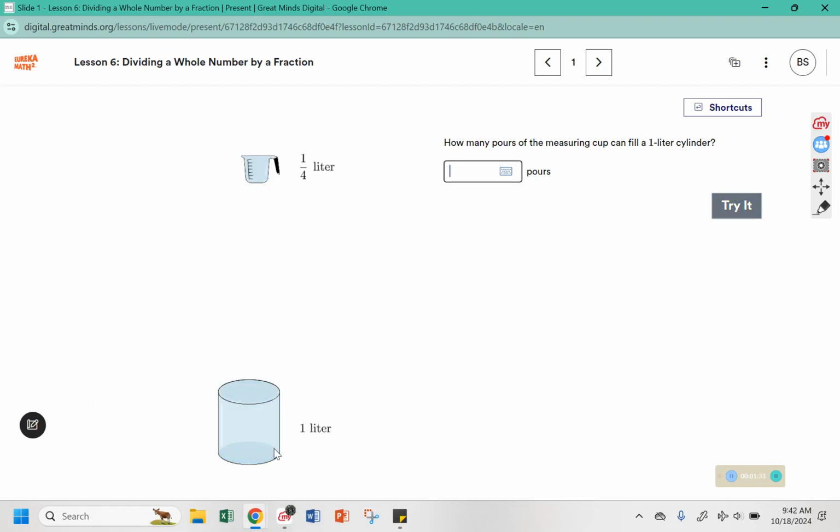To get 1 whole liter using fourths, we would need 4. And you can see, yes, that is correct.